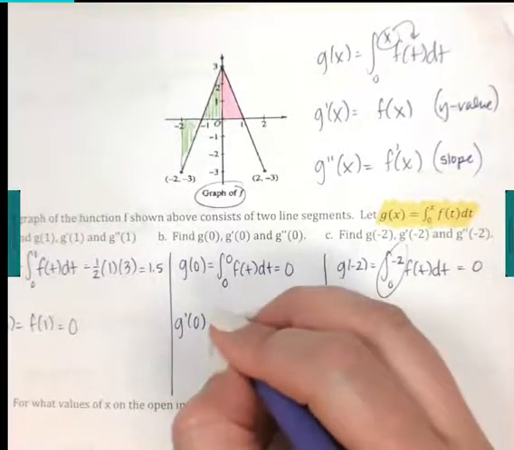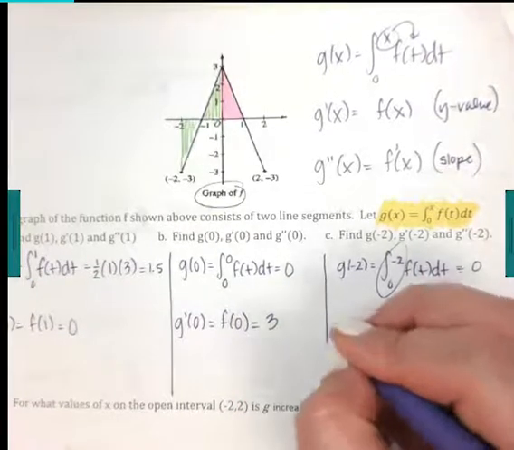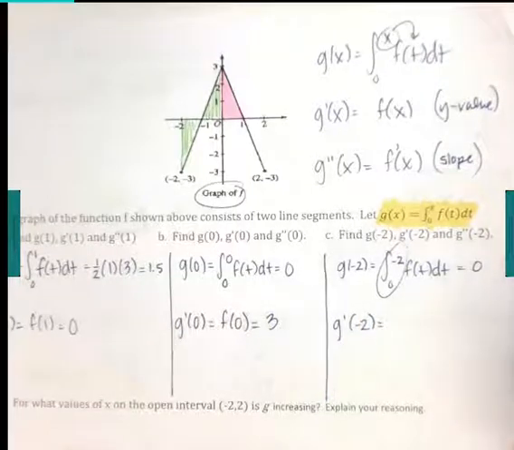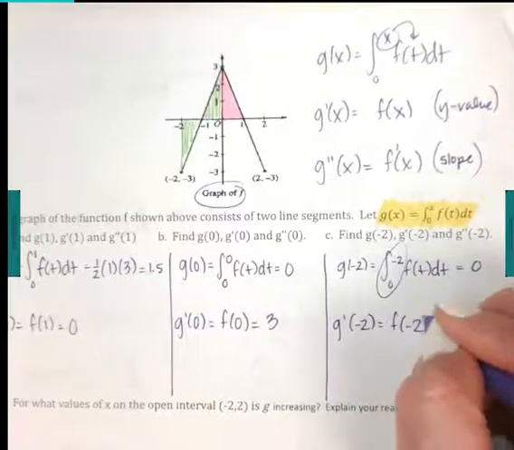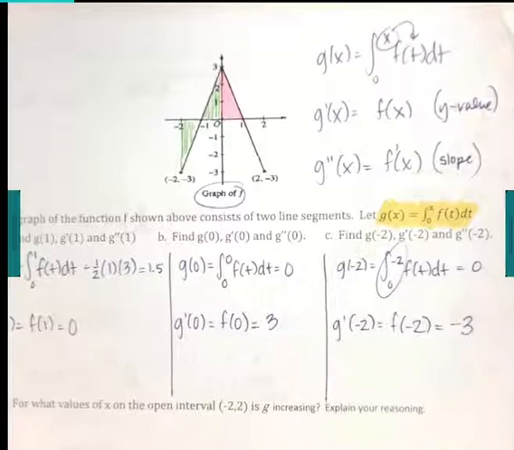It's the same as f of 0, which is the y value at 0, which is 3. Okay, next one. I want g prime of negative 2, but because g is an integral, g prime is regular f, and f of negative 2 is what? Negative 3.